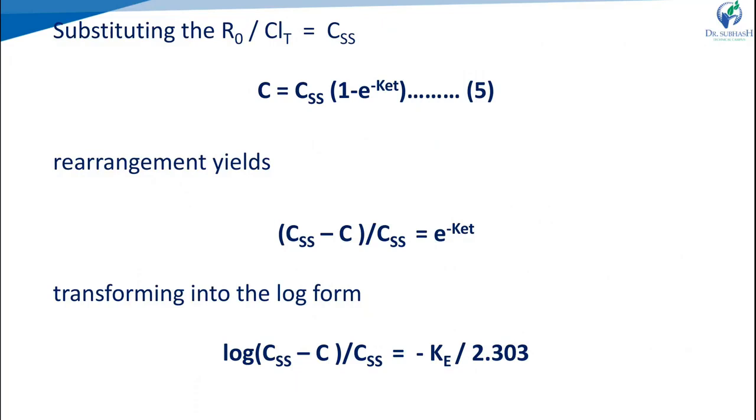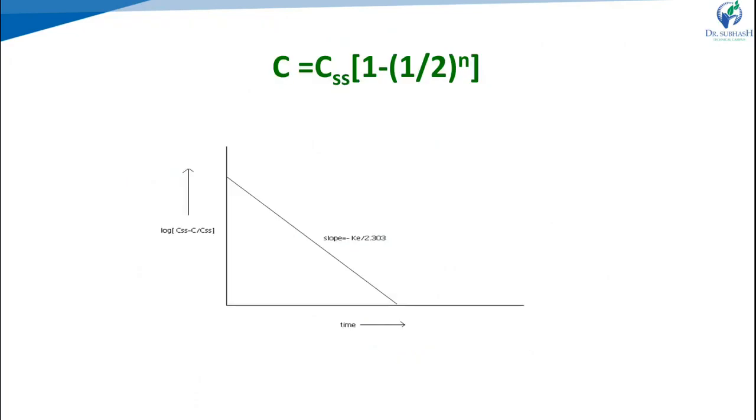Transforming into the log form, the equation becomes log (Css minus C) upon Css is equal to minus Ket upon 2.303. So we can plot the graph of log (Css minus C) upon Css versus time, get the slope, and from that find out the K.